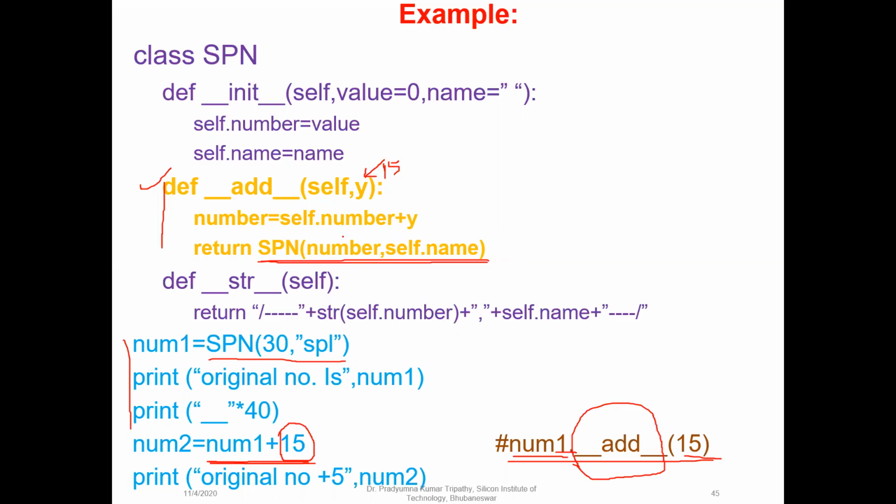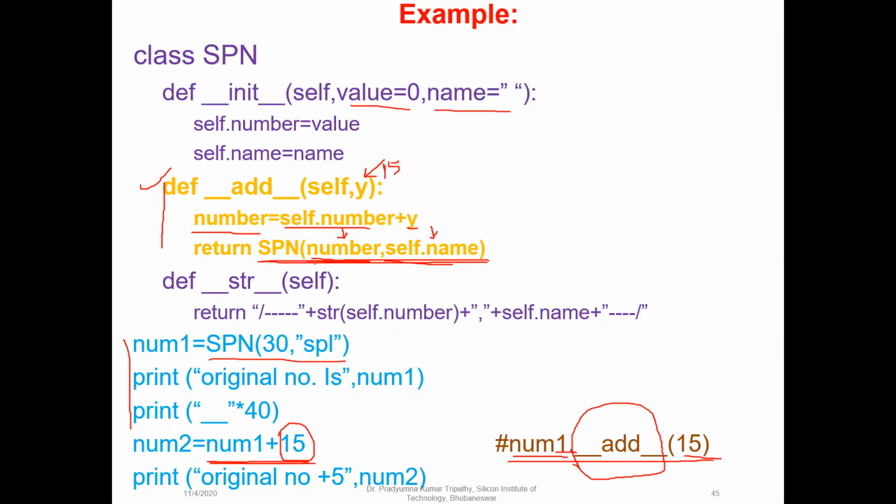In that object, what have we passed? We have passed number and self dot name. So what is my number? Number is 45, because 30 plus 15 we have made it 45. And the name is passed over here.